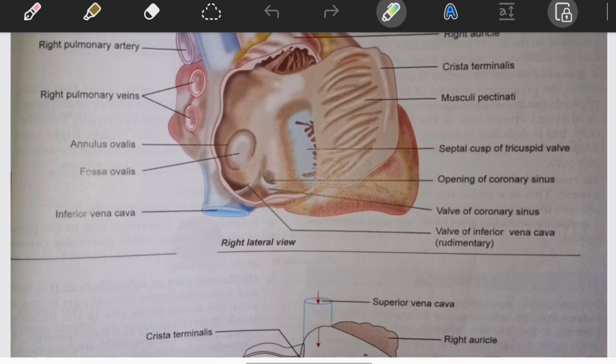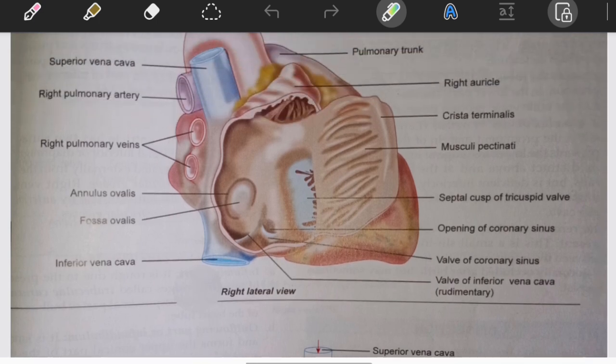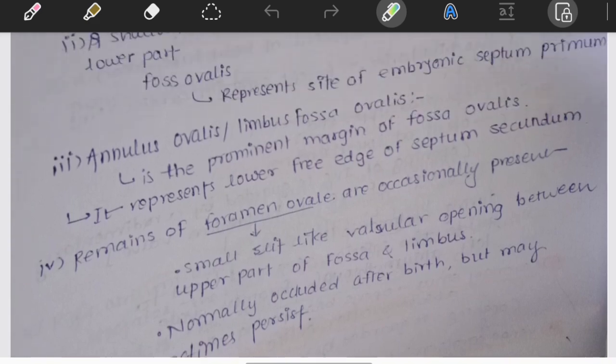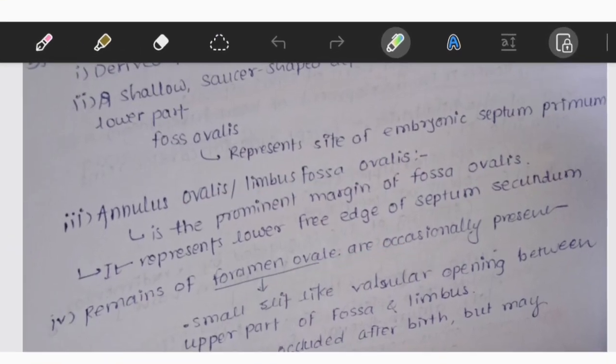However, in some patients, it may allow abnormal passage of blood or even small blood clots from the right side to the left side of the heart, increasing the risk of stroke. When the examiner asks the embryological significance of the fossa ovalis, always mention that it is a remnant of the fetal foramen ovale.